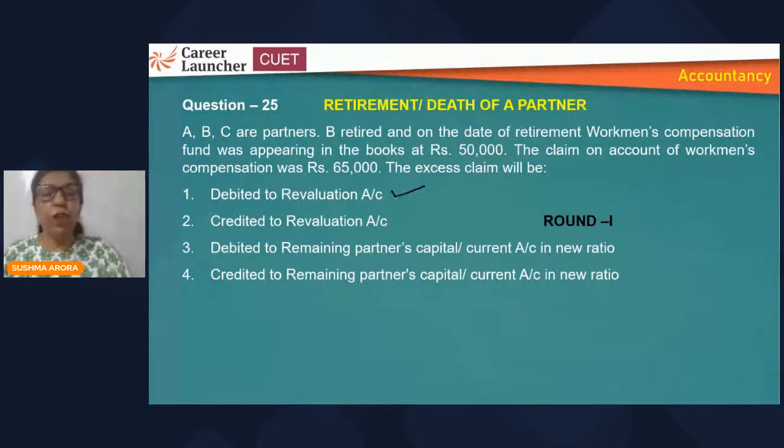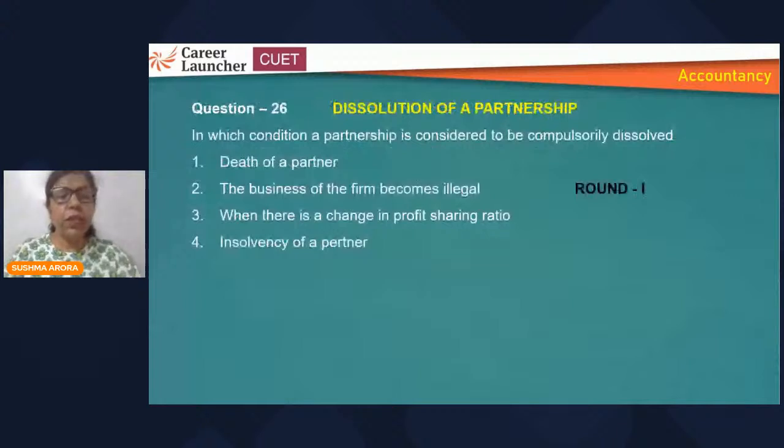Because claim is 65,000 but available reserve is only 50,000. Yes, answer 1. Now, in which condition is a partnership considered to be compulsorily dissolved? Yes, when the business of the firm becomes illegal. If the firm becomes illegal, that is compulsory dissolution.